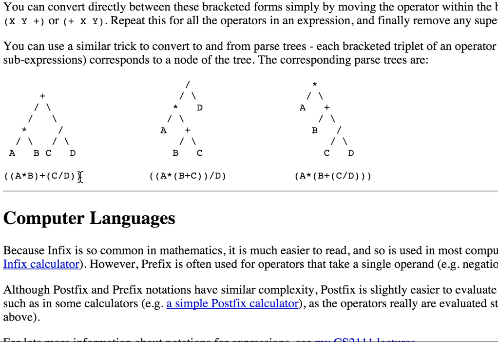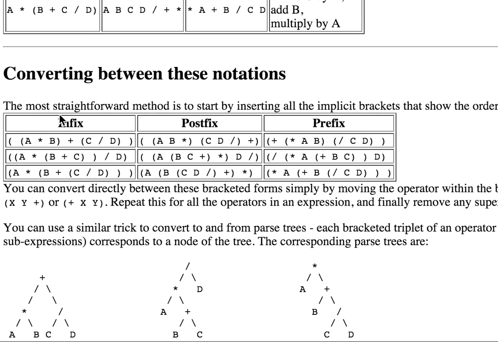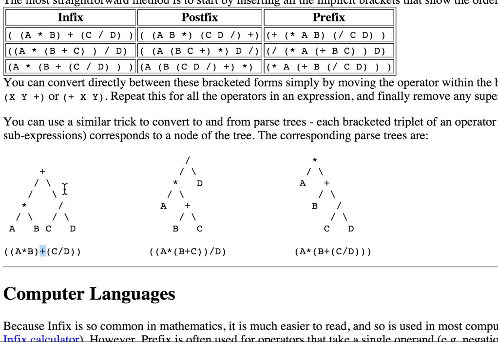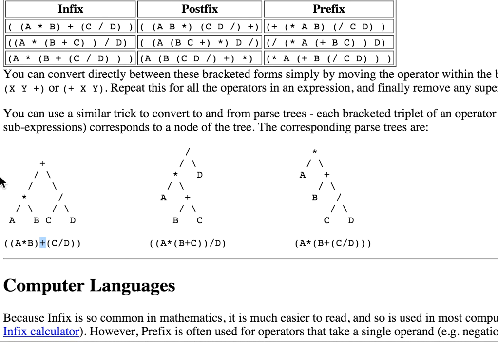So you calculate that, and then at the end, add them together. To convert between the notations, this is one way. You can build the tree and then traverse it in pre-order or post-order, and then you can have that.